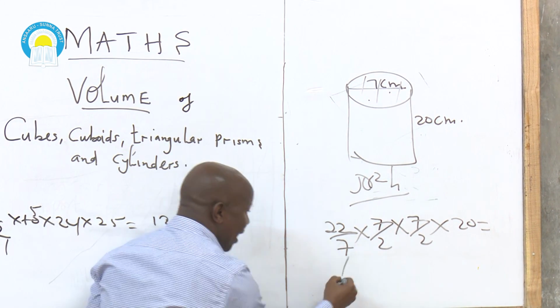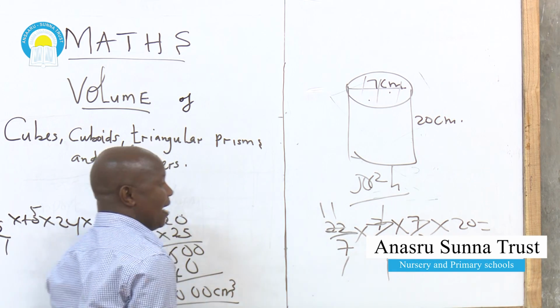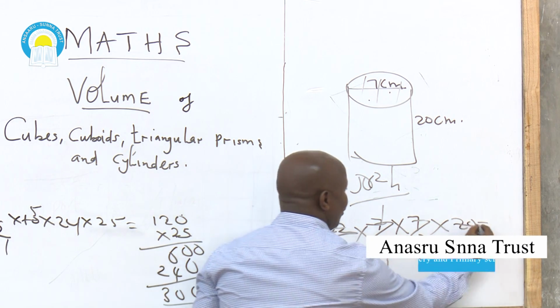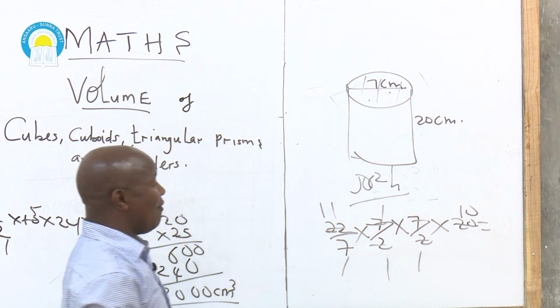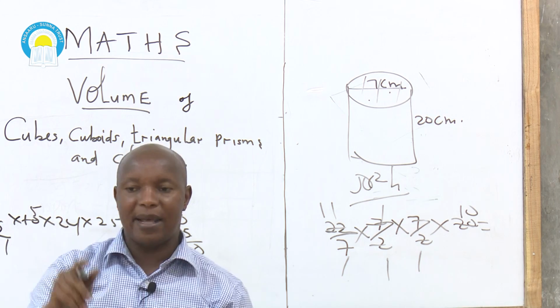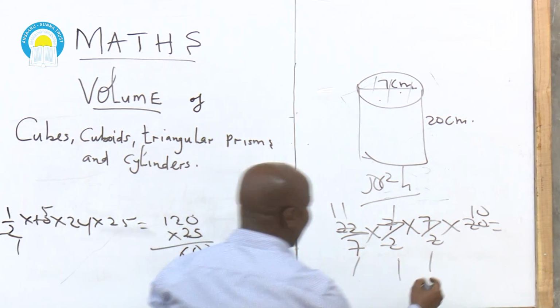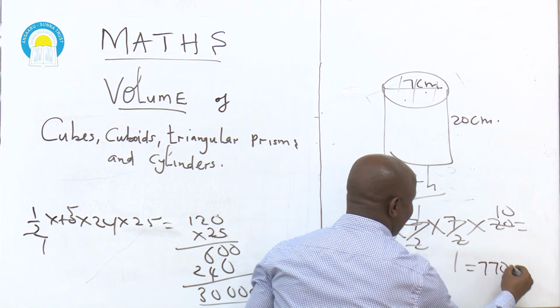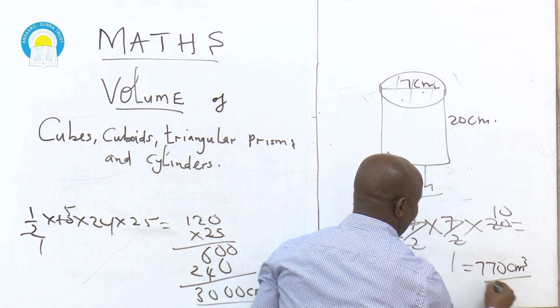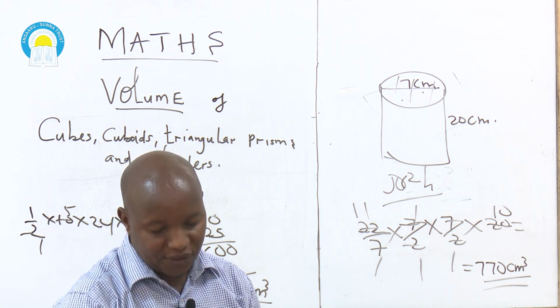Class, 7 by 7 goes 1, 2 by 2 goes 1, 22 by 2 goes 11, 20 by 2 goes 10. Now we have 11 multiplied by 7 multiplied by 10. 11 multiplied by 7 is 77. Then you multiply by 10, you get 770 cubic centimeters. That's another good example of volume of cylinders.